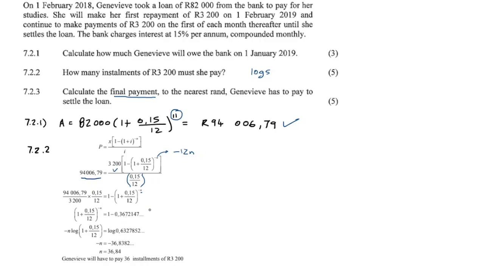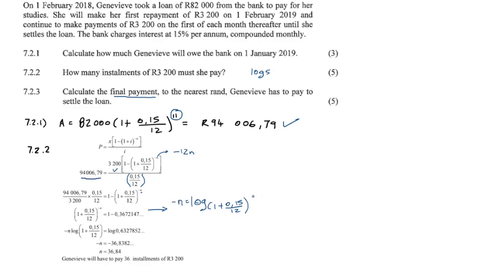And then from this step here, just to make it a little bit easier, what I say in my mind is if I ever need the power, then I use logs. The base is the base of the exponent, so 1 plus 0.15 over 12, and it never looks the same. So the base is the base, and it never looks the same. So this won't be where the minus n comes in, so it must be there.